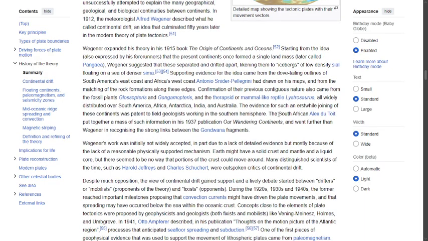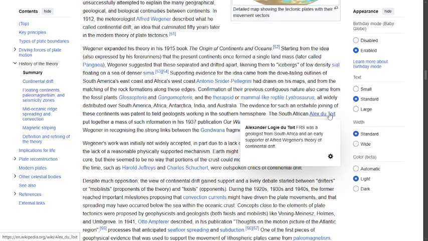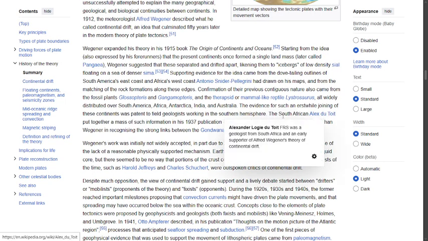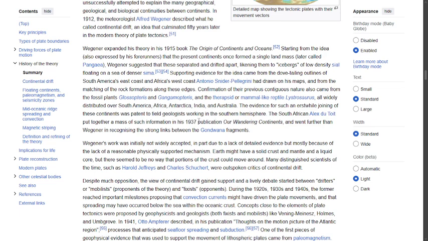The South African geologist put together such a mass. Okay, so this geologist puts together all the information in 1937.